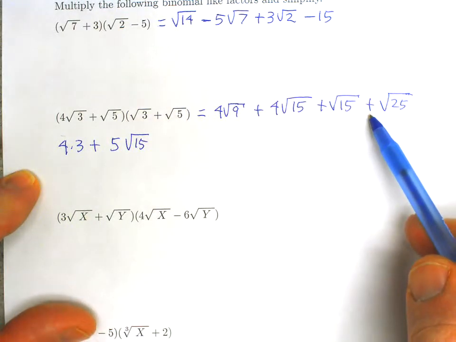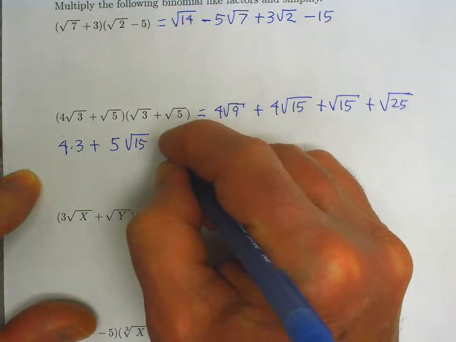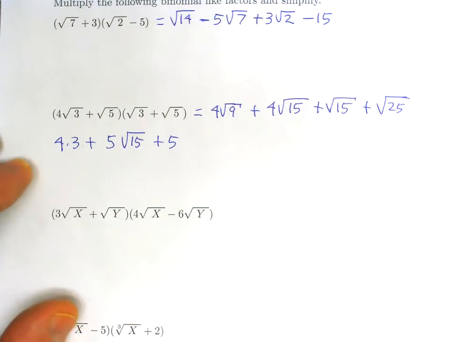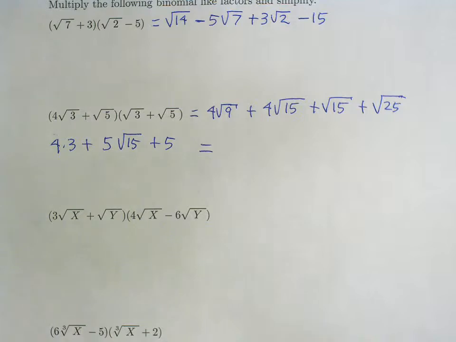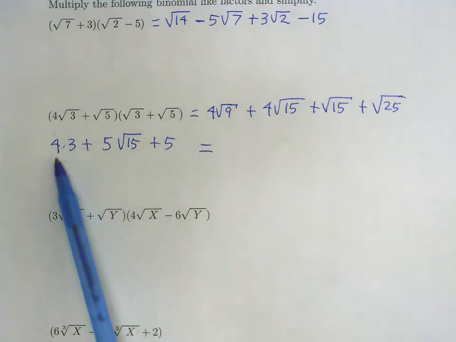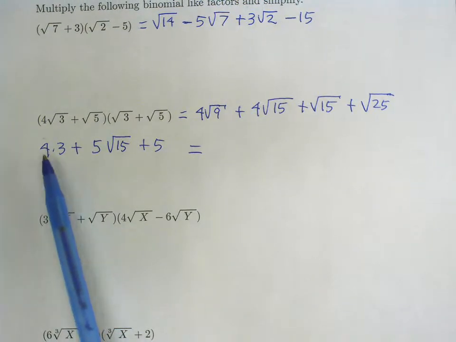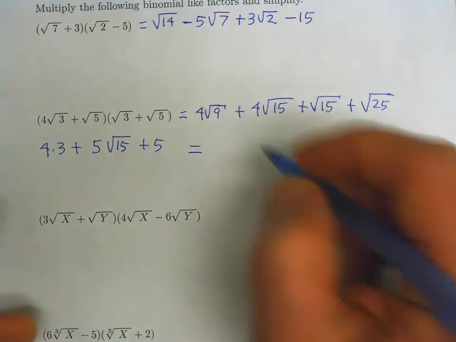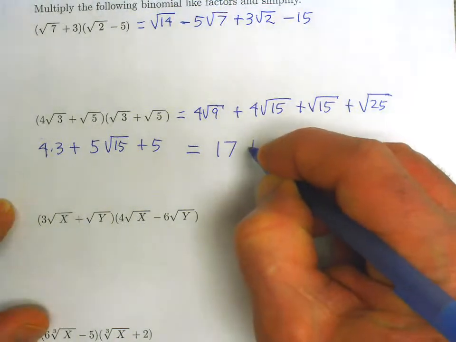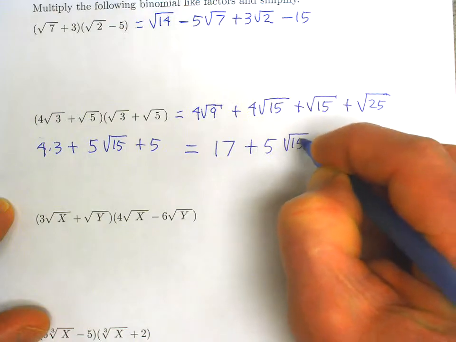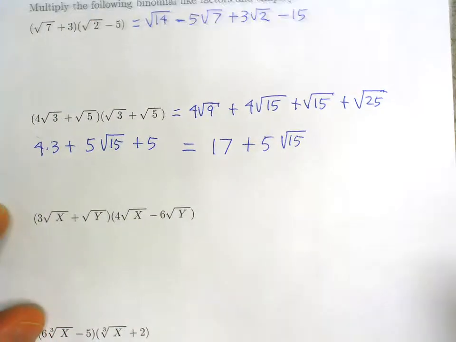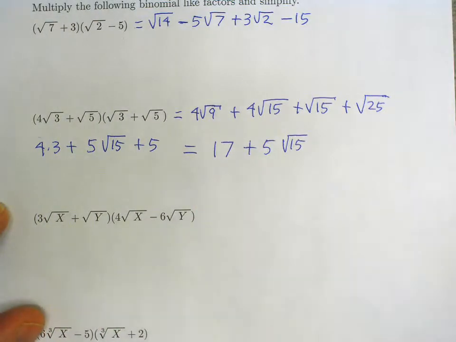And then plus the square root of 25 is plus 5. And we'll go ahead and write the completely simplified result in the next step. 4 times 3 is 12, and 12 plus 5 is 17. And then 17 plus 5 times the square root of 15 is the simplified result for that one.